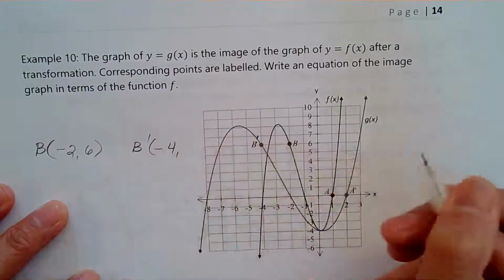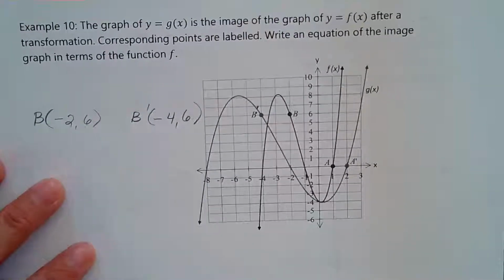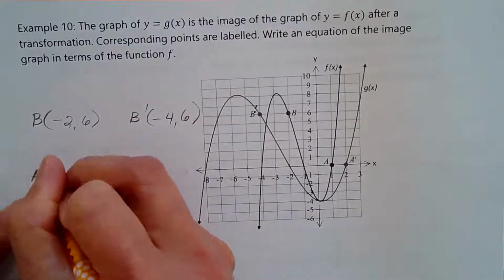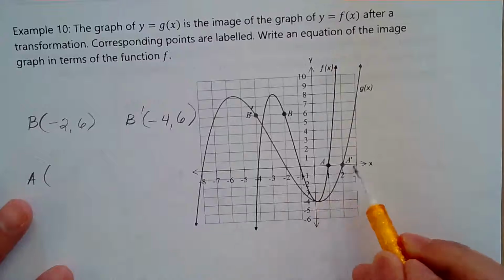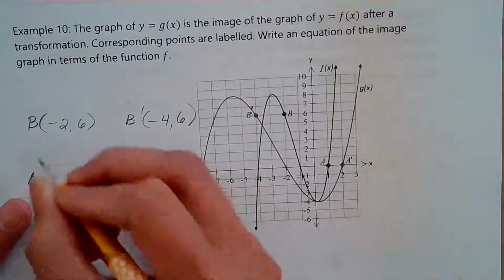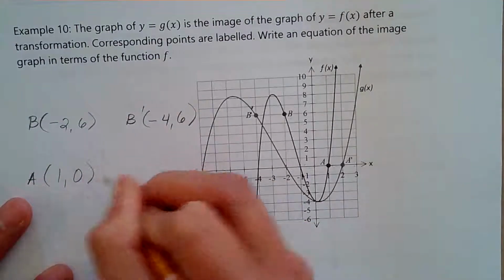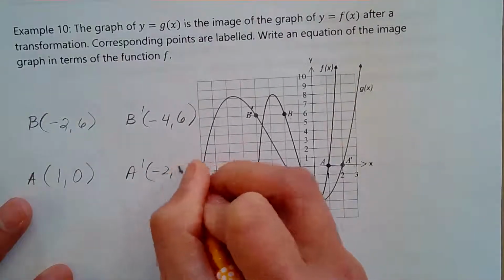Negative 4, 6. What about the other one? Point A is 1, 0. And then A prime is negative 2, 0.